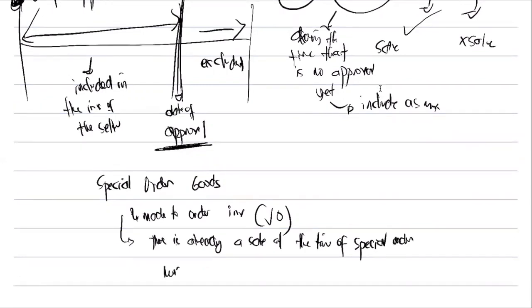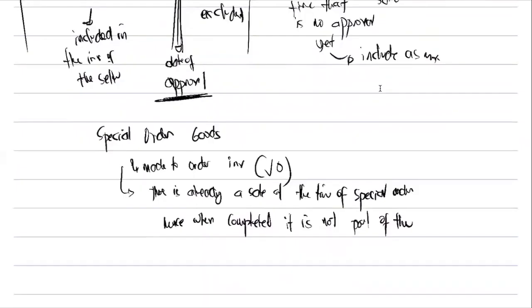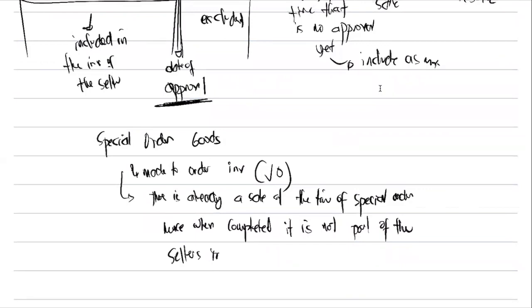Hence, when completed, it is not part of the seller's inventory. Okay, why? Because as early as the special order, the risks and rewards will already be transferred to the buyer. So once it is completed, the risks and rewards, hindi na yan magpapasa kay seller, diretso yan kay buyer. So kumbaga, prinocess niya lang, buyer agad after. Clear? Process lang, buyer agad after. Special order goods or made to order goods.